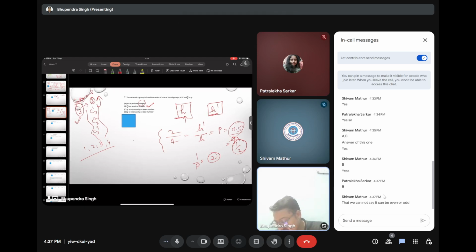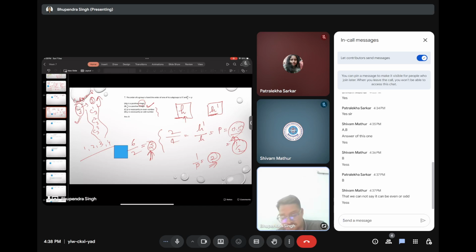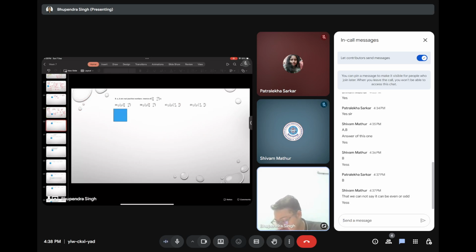If the order is 6 and your subgroup is 2, then 1 by p was 2 in the earlier case, and here 1 by p will be 3. So it is not necessary. So the answer should be B. Yes. Did you get it? Okay. Moving on to the next question.